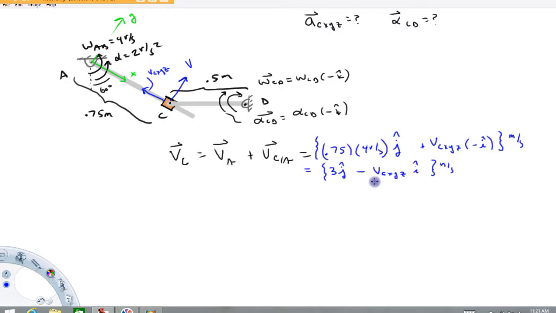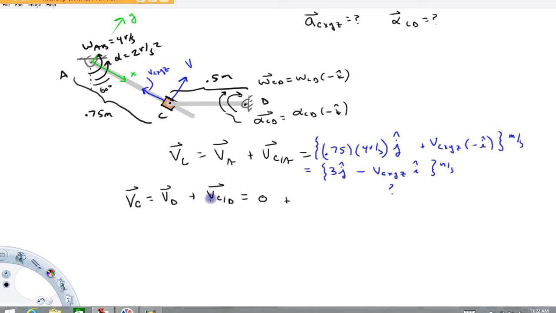Now you'll notice that we don't have this quantity here, so we have to write another type of analysis. What we can do now is this. I'm going to go back to the color black here. The velocity of C is also equal to the velocity of D plus the velocity of C with respect to D. Now the velocity of D is 0.